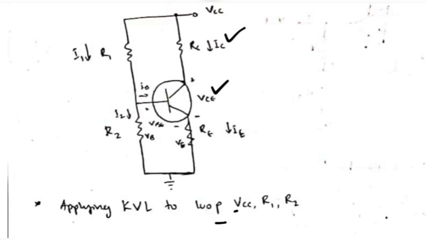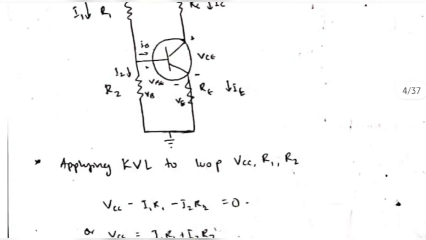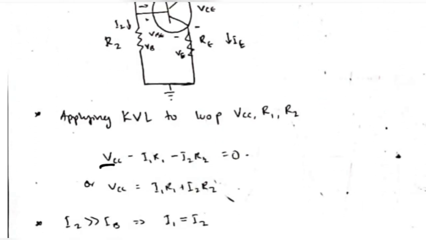Applying KVL to the loop VCC, R1 and R2, first we are considering this part. While applying KVL, we get this equation: VCC minus I1 R1 minus I2 R2, and then shifting it, we get VCC.